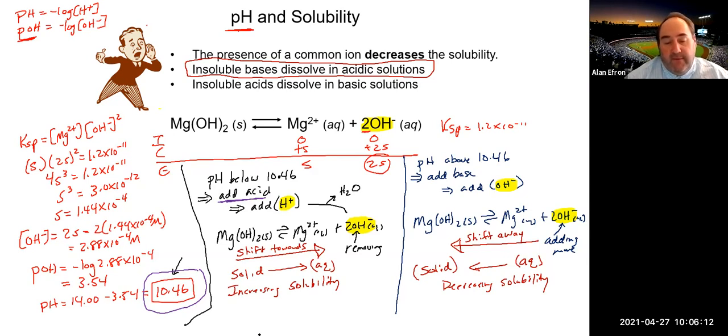So if you have a case like this, understanding where the baseline pH of the solution is, just adjusting a little bit up or a little bit down can be enough in certain cases for you to see a significant increase or decrease in the solubility. Just to be clear, you don't have to drop it all the way down to below 7 to actually see something occur. You just need to make it more acidic than where it started from. Or if you make it more basic from where it started, you obviously see the opposite occur. Question on that?